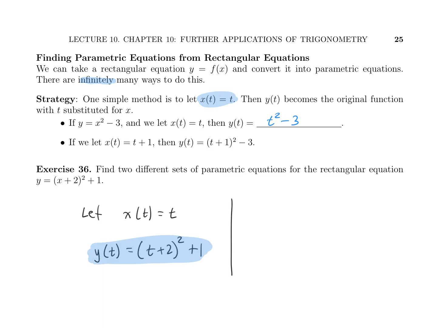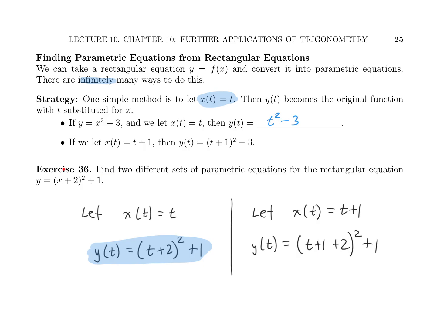All right, now let's try a different set. Let's do what they did up there in the notes. They let x of t be t plus 1 for the second set. So now we're going to have y of t is equal to t plus 1 plus 2 to the second power plus 1.